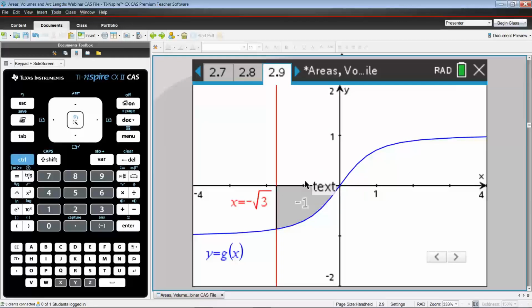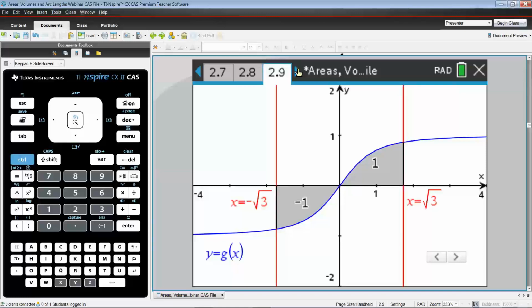However, it's showing as negative 1 here because the integral from negative root 3 to 0 of g of x will, of course, give us negative 1. We'll get to that later when we look at the calculator application. Our next line is x equals root 3, and we've now got an area of 1 for that. This is a symmetrical function, so that's why the areas are the same on both sides.